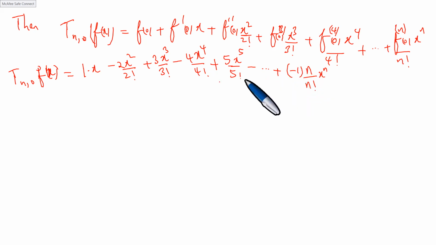But this one, when it's even, it's negative. When it's odd, it's positive. So it must be n plus 1. Because if we just make the power of the -1 only n, then when the power is 3, odd, it's going to become negative. But if it's +1, then it actually creates wonderful alternation there.